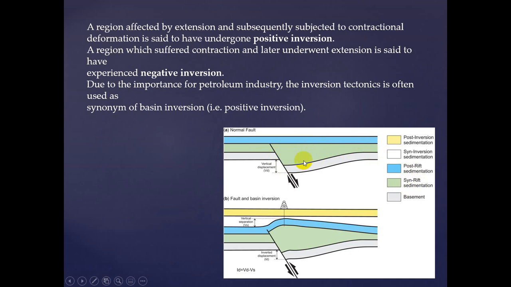Okay. If we invert the movement on this fault from extension, downward movement, to upward movement like this, we have two very important features. First, the sequence here will be folded like this, syn-rift and post-rift. And the vertical displacement between the pre-rift points before and after inversion decreased.